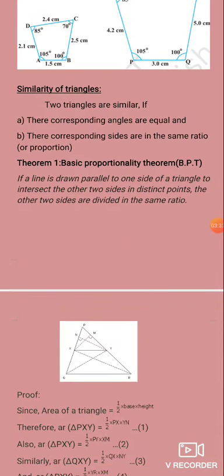Now listen to the proof. We know the area of a triangle is half into base into height. In triangle PXY, before that we need to draw the perpendiculars. Draw YN perpendicular to the side PQ and XM perpendicular to the side PR.